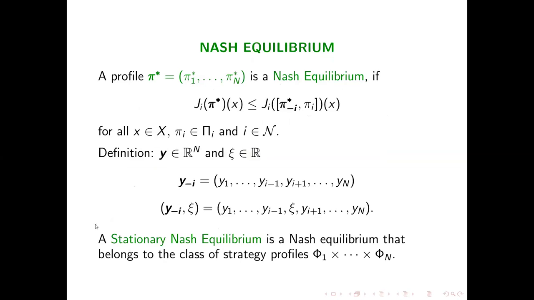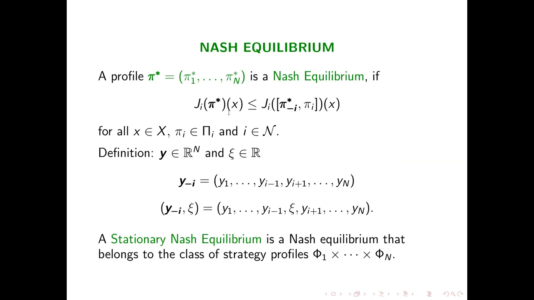And this is the Nash equilibrium definition, which is probably well known, but just for convenience I wrote it here. A profile pi star is a Nash equilibrium if this inequality holds for every player i and every initial state x.